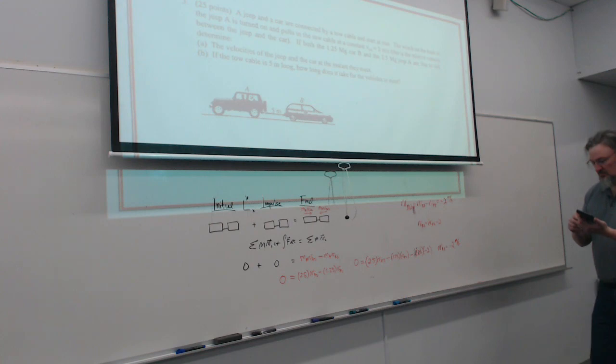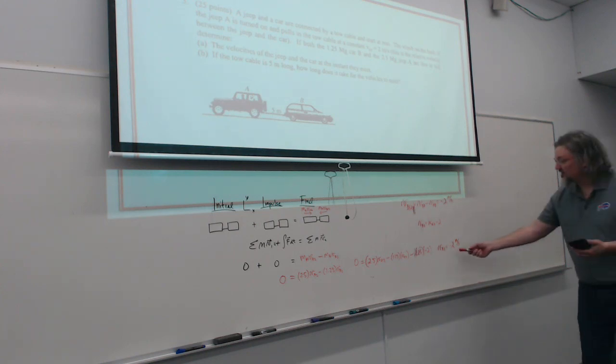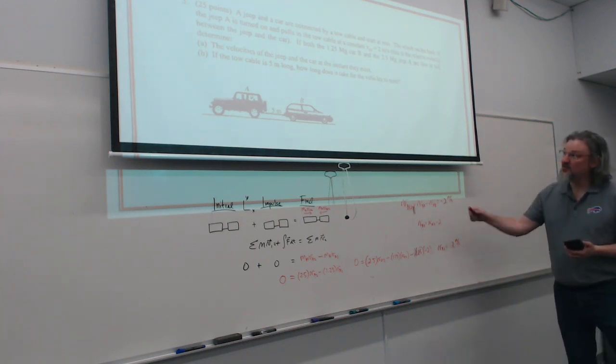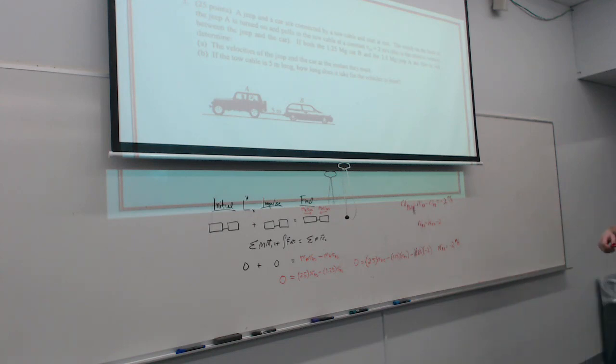So you would move the 1.5 to the velocity of the Jeep or the car at the incident. There's no reason, I can't picture that A would be going to the left. That does not make sense to me at all.